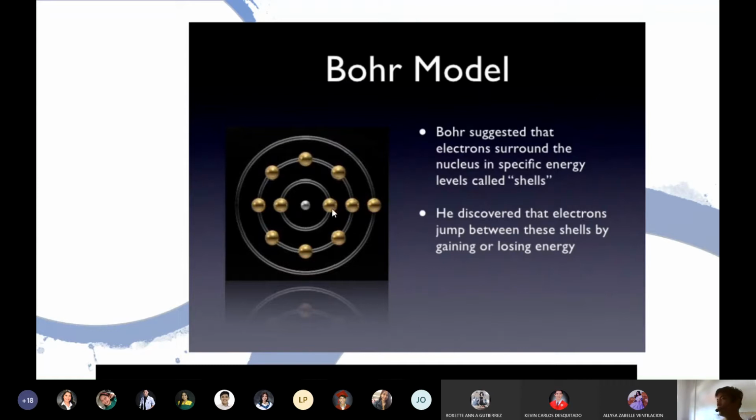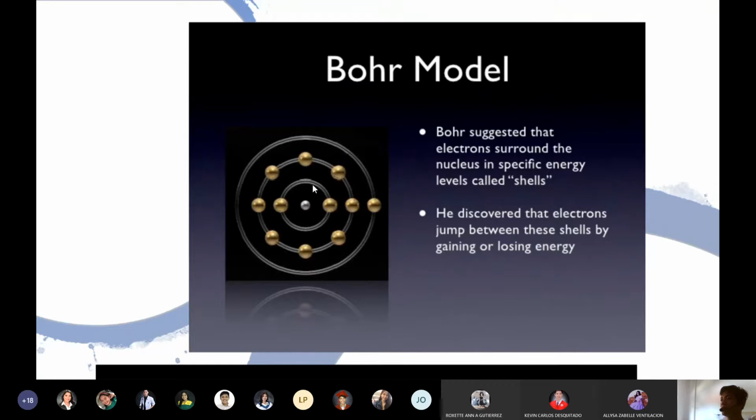According to Niels Bohr, that phenomenon can be explained when electrons jump from one energy level to another, they produce light. Hence this model. Itong circles na to, the further you go out from the center of your atom, the nucleus, the higher the energy level.